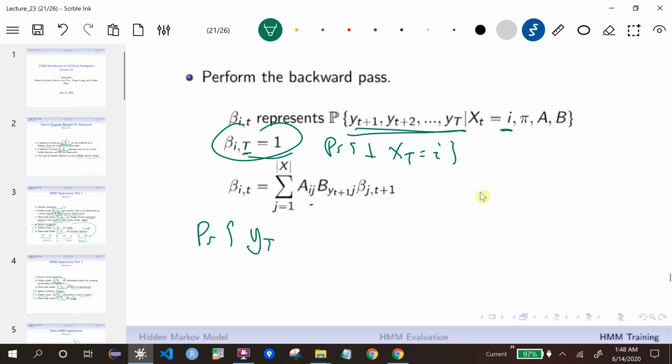So here is y_T, and x_{T-1} is i. Yes, we're given those parameters, so I'm not going to rewrite it every time. So here, again, we're going to use the same trick, right?